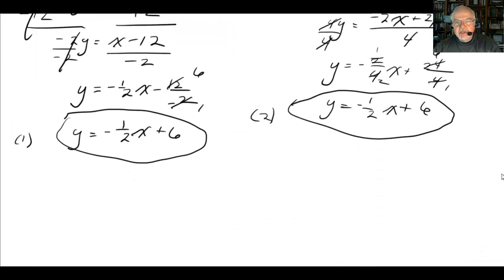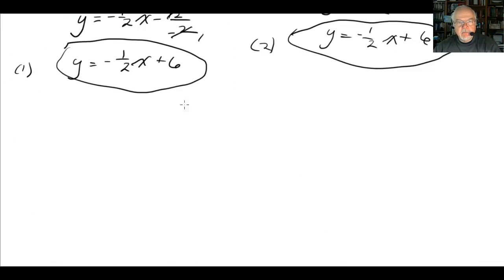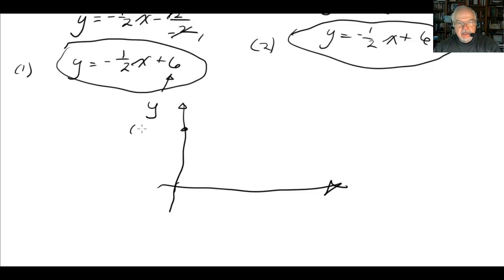Now, since these are the same line, when we plot them, we're going to get just one line. Up here, the y-intercept is going to be 6, so that's the point (0, 6), and it's going to go down. It's going to look like that, and basically that's it.